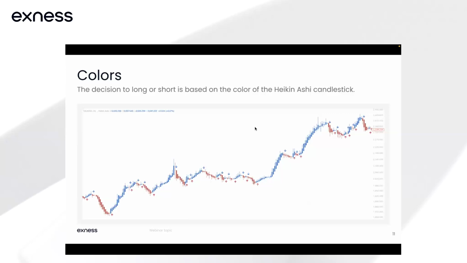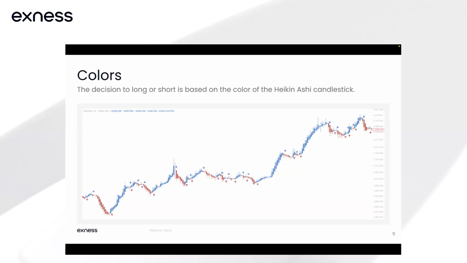Now, let's focus on one of the simplest yet most powerful aspects of Heikin trading: color-based decisions. When you look at a Heikin chart, you will typically see just two main colors, blue or green for bullish and red for bearish.